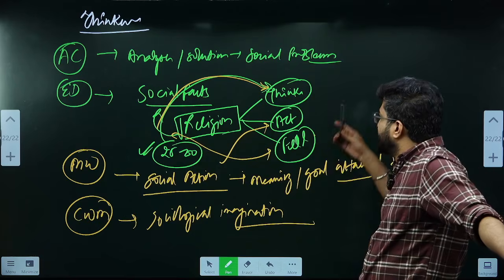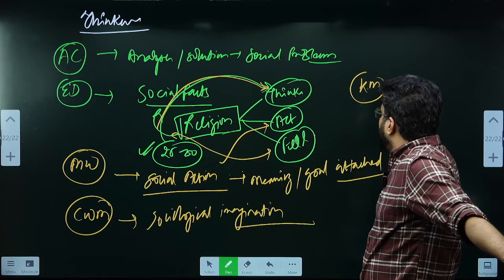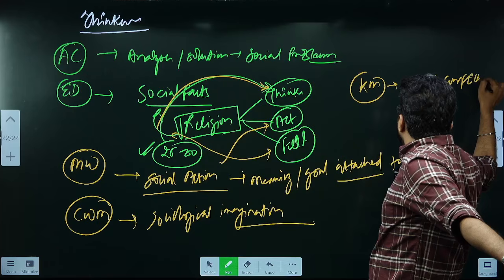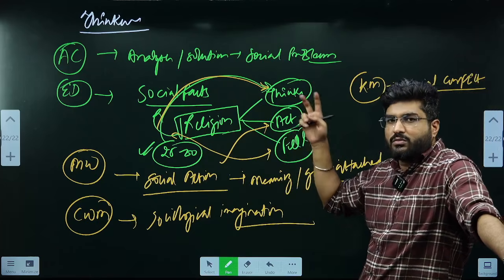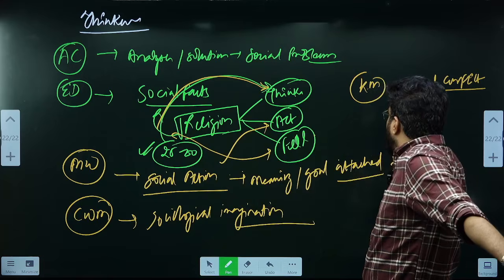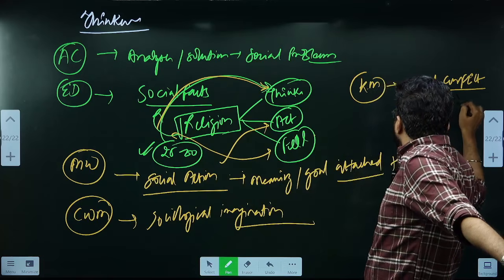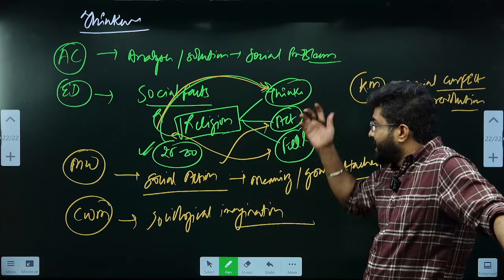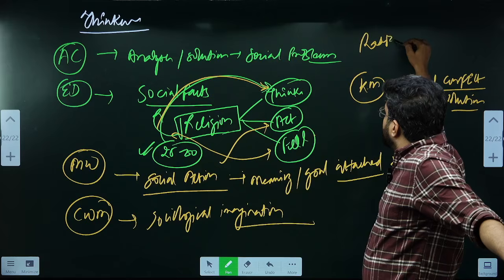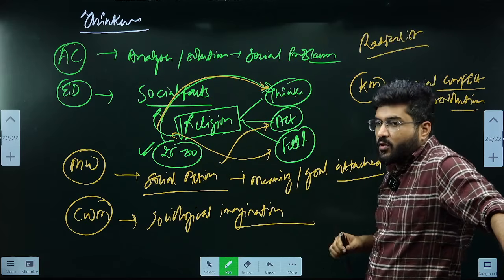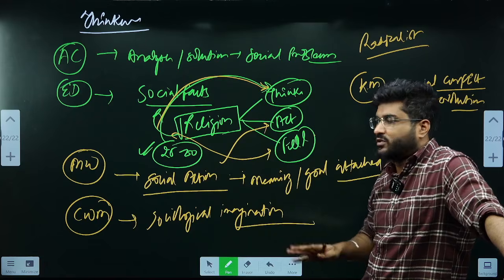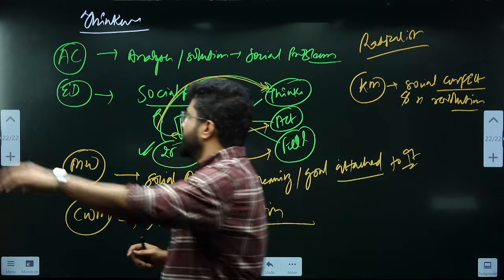For Karl Marx, it is about understanding social conflict, how two classes are in conflict with each other, and social revolution. For radicalists, it is about revolution and social change at the larger level. Okay, so there are different scopes. So these four you can write about.